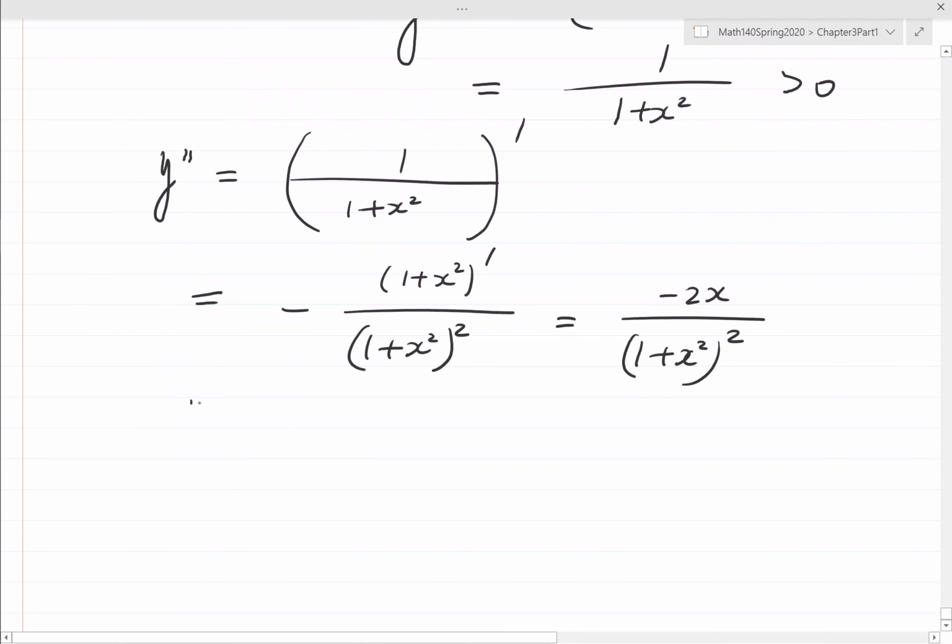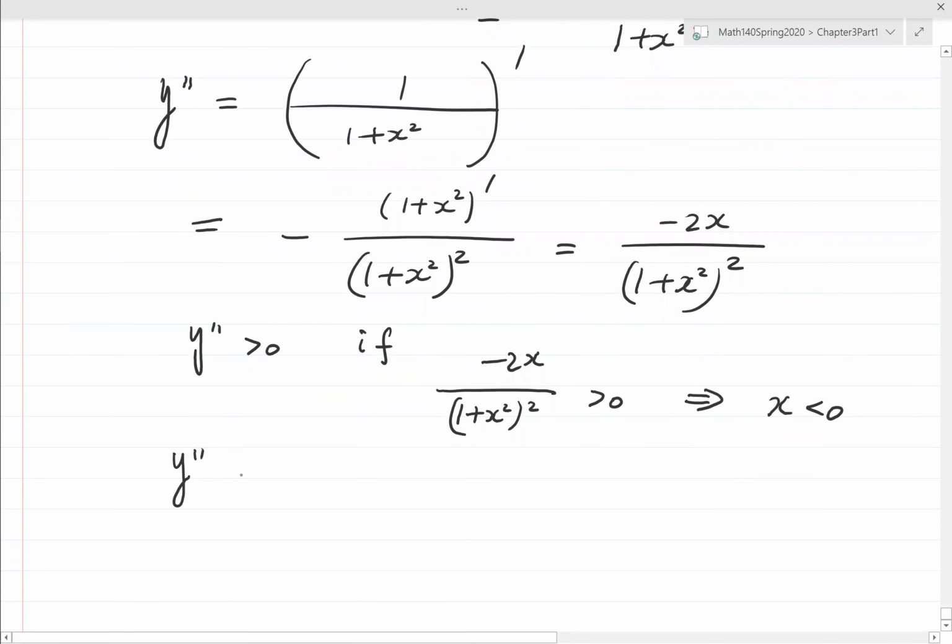The second derivative is positive if negative 2x is positive, which is equivalent to x negative. The second derivative is less than 0 if x is positive.